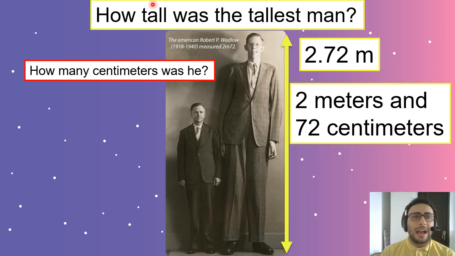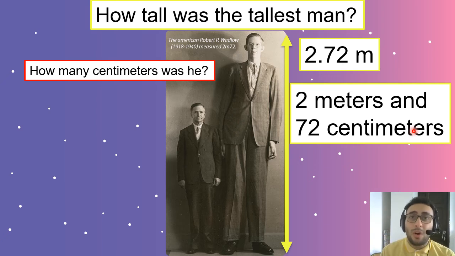So let's see, how tall was the tallest man in the world? 2.72 meters, right? But I don't like reading like this. So we say 2 meters and 72 centimeters. Oh, he is so tall.